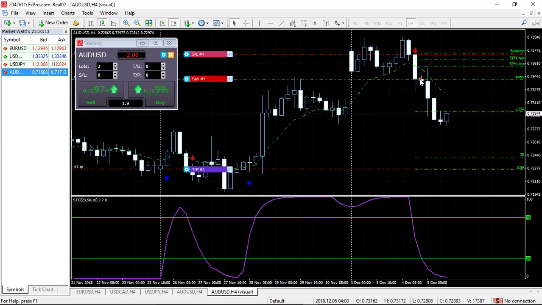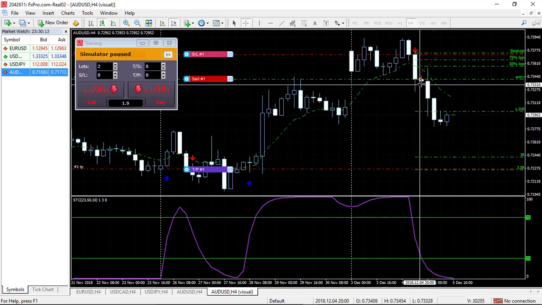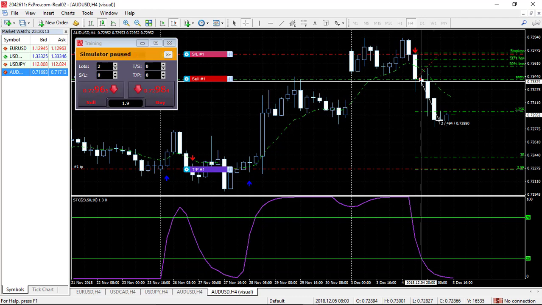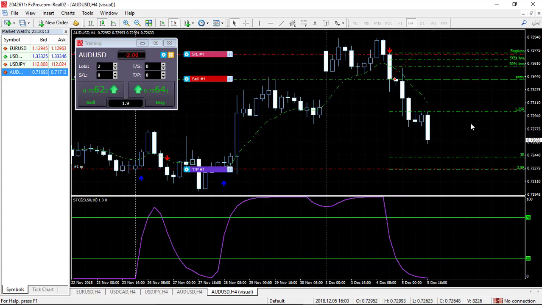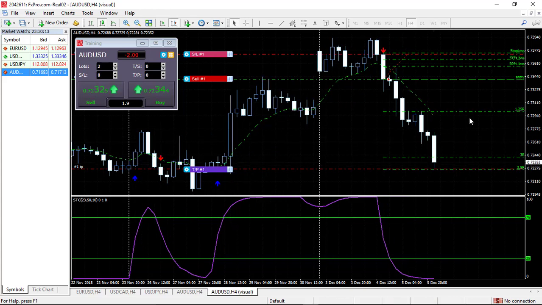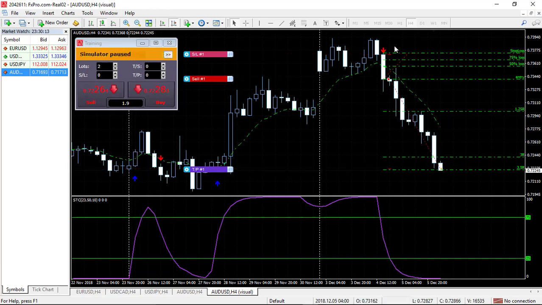From this candlestick to this candlestick, we already have 16 hours, and yet the trade is still on. It's almost touching it. It touches it on the next bar. Yes. Can you see?